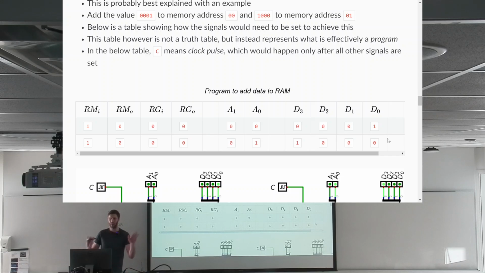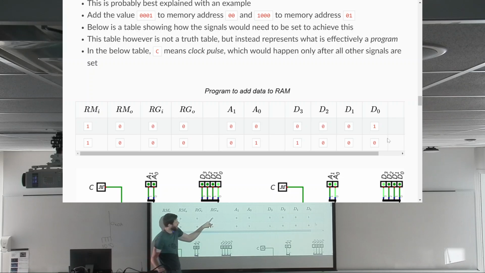So how would I want to configure all the bits? Well, I want RAM in, RM in. I know in the picture it was labeled RAM in, but there's only so much horizontal space, right? So deal with it. Same with the register, RG for register. Hopefully you can figure that one out. So we want RAM in to be high, RAM out better be low, the register better be low.